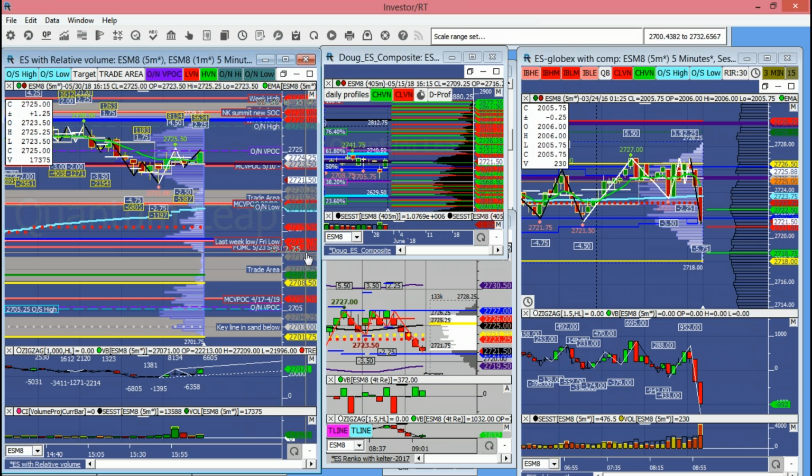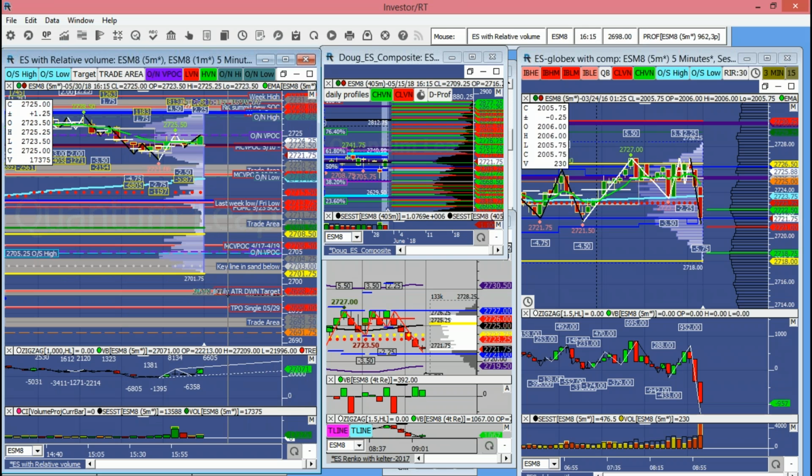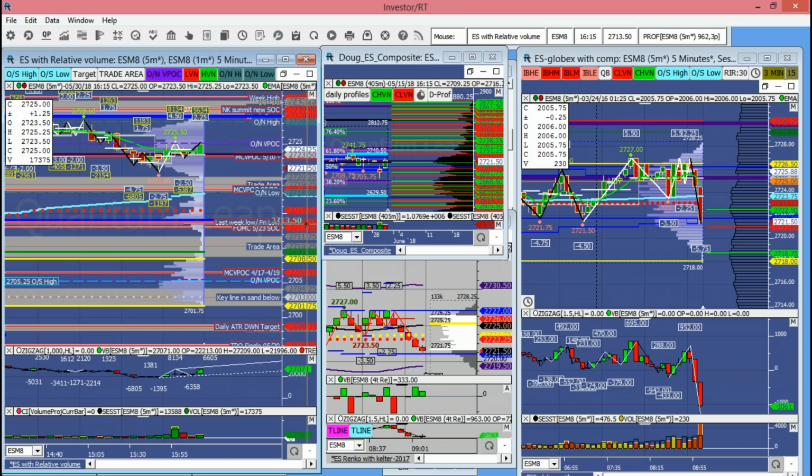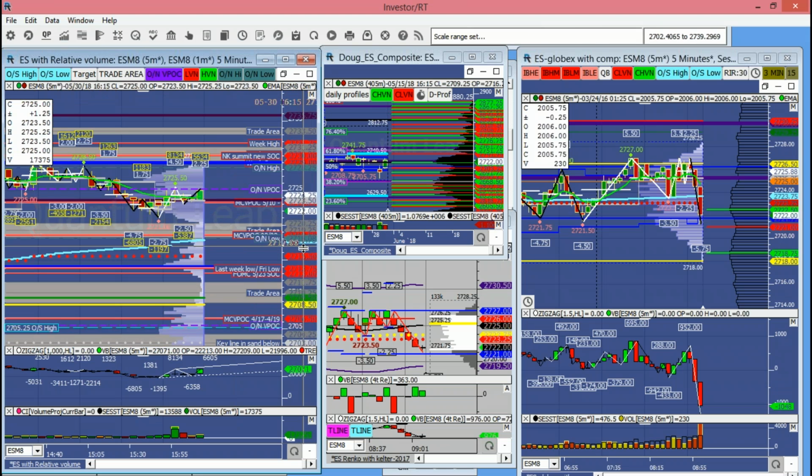Our daily ATR, full session average true range 20 period, is running at 29.34. So off of the overnight high, our daily downside ATR target is sitting down here at 98.75. That's right on top of that value area high I was just talking about from that March 19th microcomposite.